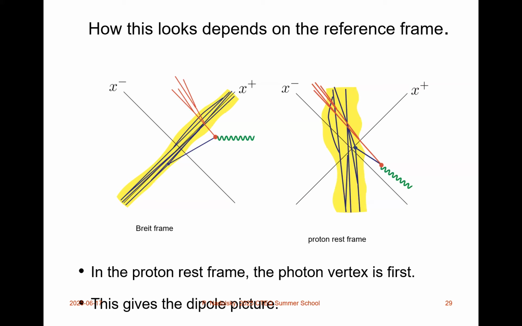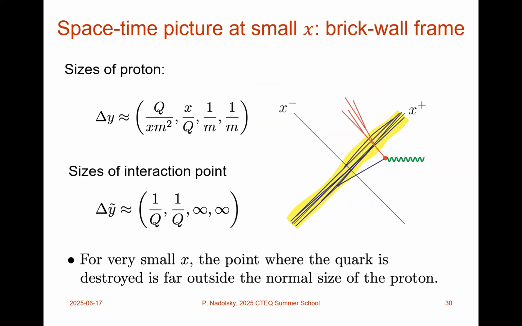So the photon fluctuated into what is called a color dipole. This dipole travels through the medium of the proton, and the dipole interacts. Then eventually after a long time, the proton falls apart because the photon created major damage to the structure of the proton. So that's how it looks.